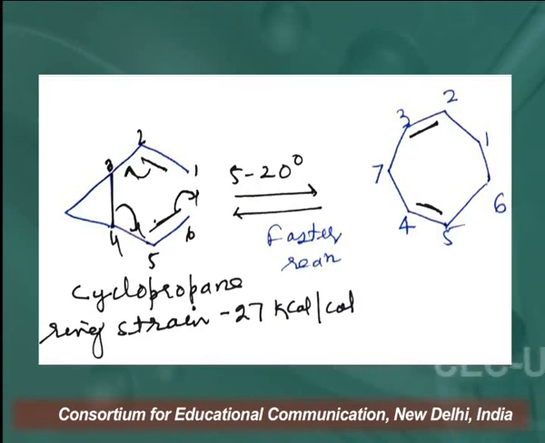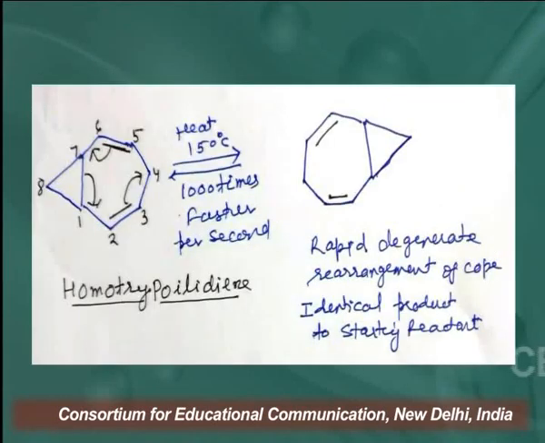Here you are looking at the bond between the 3 and 4 positions, the cyclopropane bond, which is broken, and the new bond between the 1 and 6 positions is formed. So this is another isomeric form of that cyclopropane. It is a rapid degenerate Cope rearrangement reaction, where we get a product identical to the starting reactant.